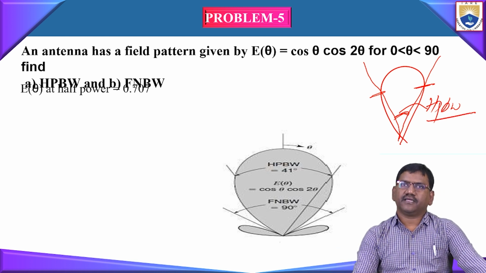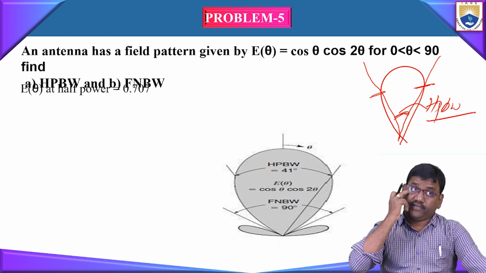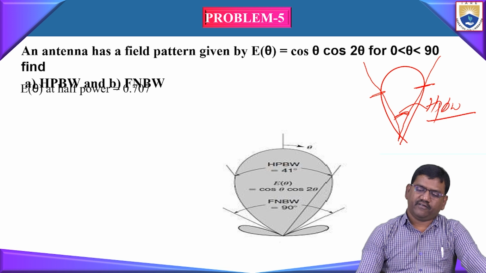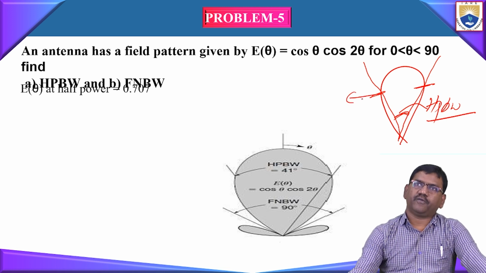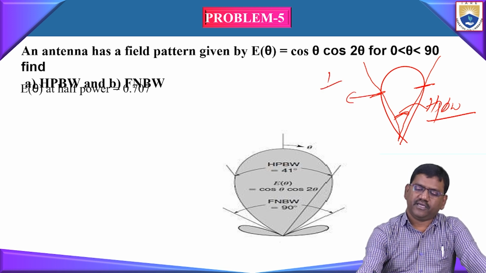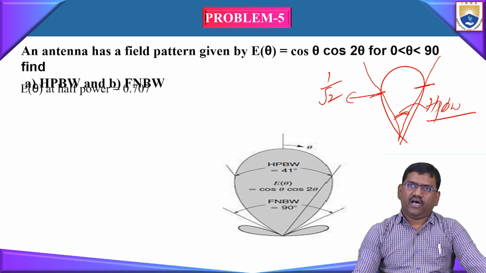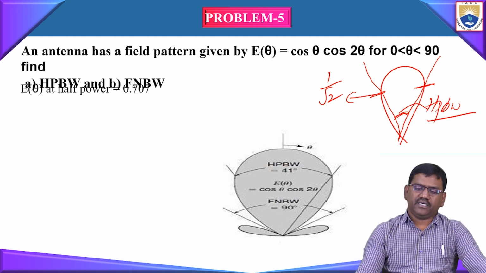The field at the half power points of the major lobe is generally 1 by root 2 times the maximum.